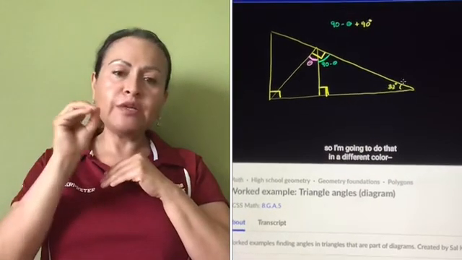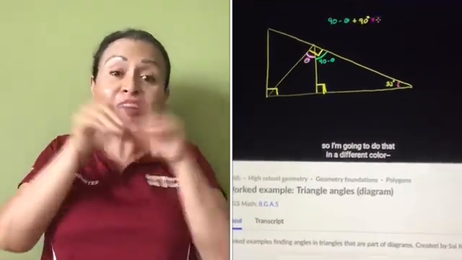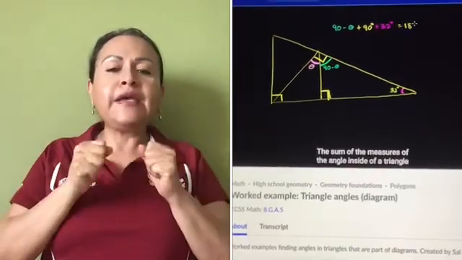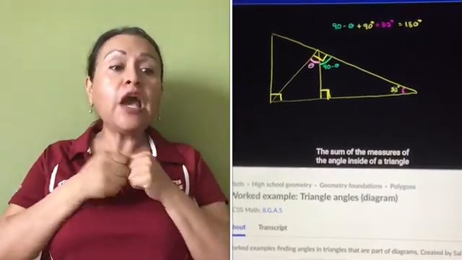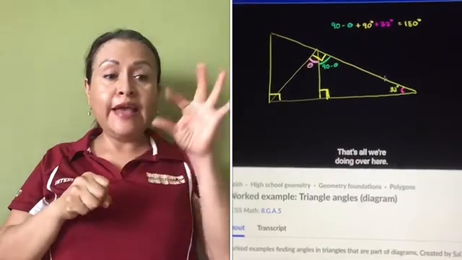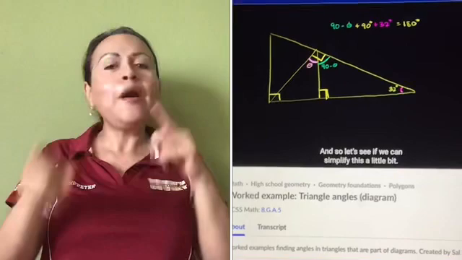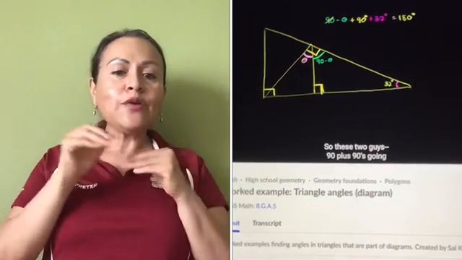The sum of the measures of the angles inside of a triangle add up to 180 degrees. That's all we're doing over here. And so let's see if we can simplify this a little bit. These two guys, 90 plus 90, is going to be 180. So you get 180 minus theta plus 32 is equal to 180 degrees.